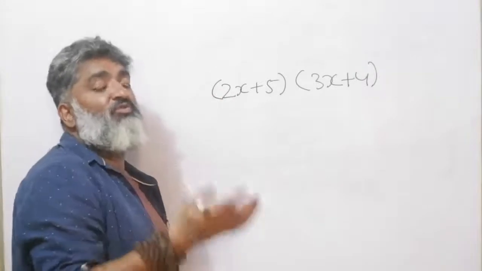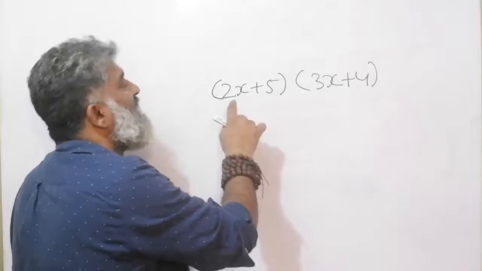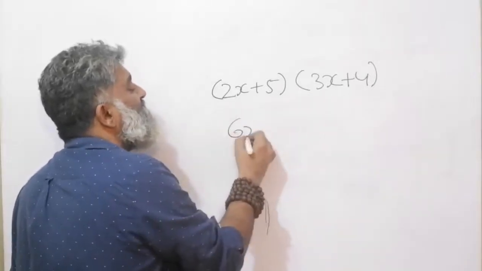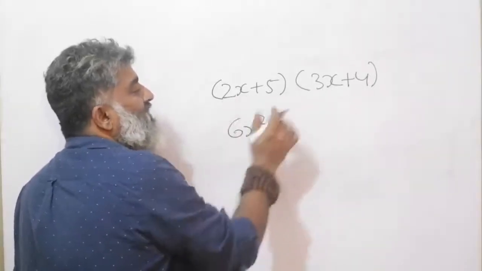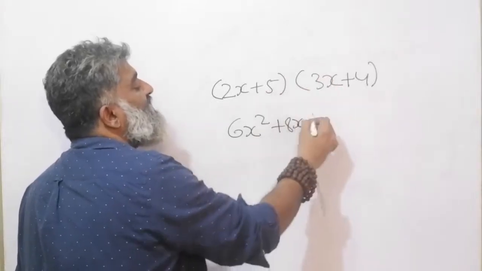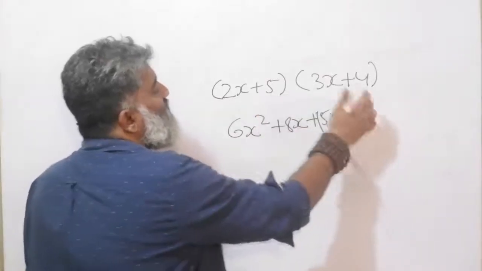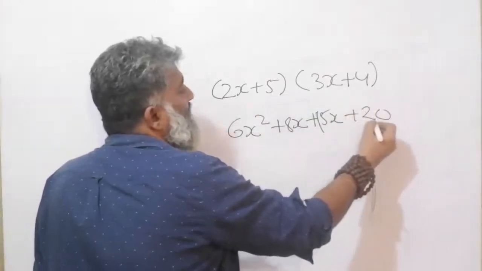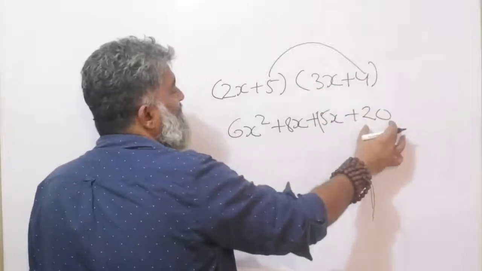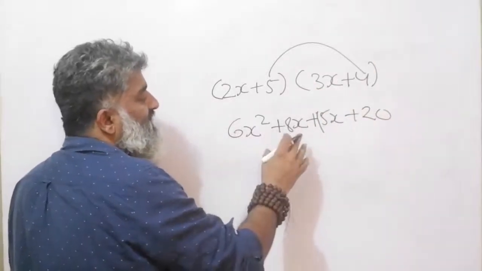That means you don't want to stick to a formula, we want to stick to the fundamental process, right? 2x into 3x is going to give me a 6x square. 2x into 4 is going to give me an 8x. 5 into 3x is going to give me a 15x. And 5 into 4 is going to give me a 20. So I still see that the product part is the same, but the rest I have to figure out a little carefully, right?